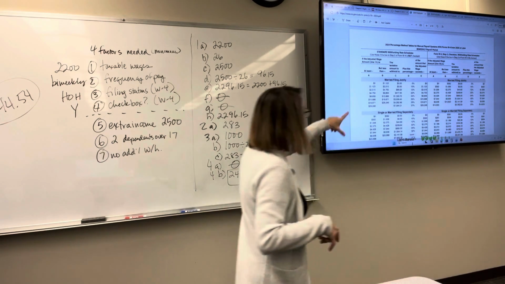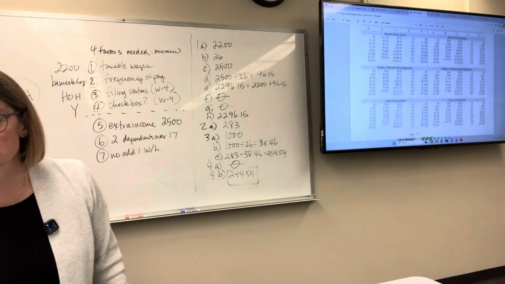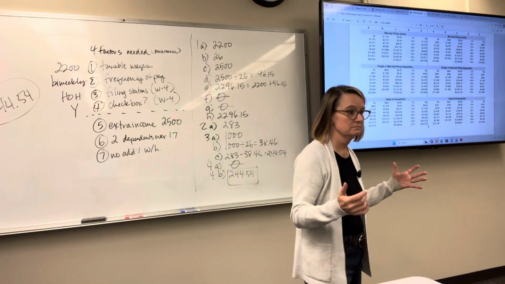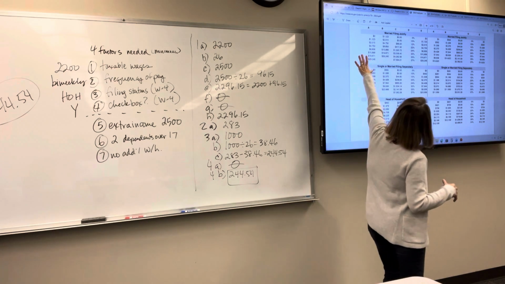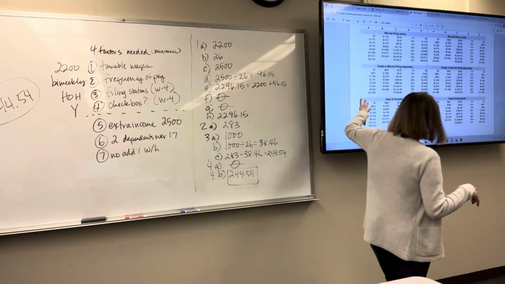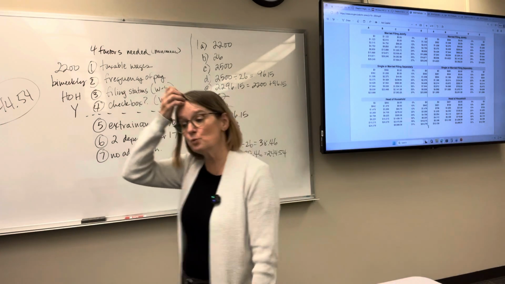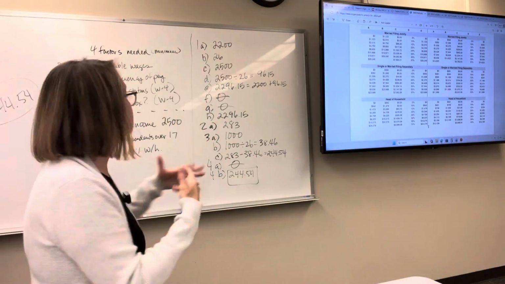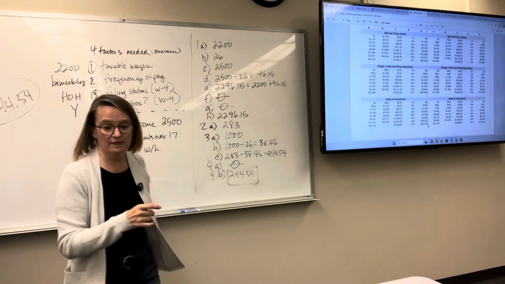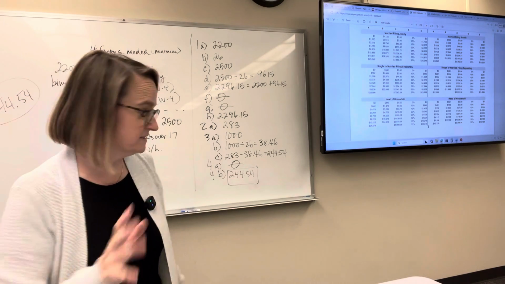Each of these pages has different schedules based on filing status. So we've got married filing jointly at the top, single or married filing separately, head of household here. So let's just say we've arrived at, actually, let's go ahead and use this. Same information.